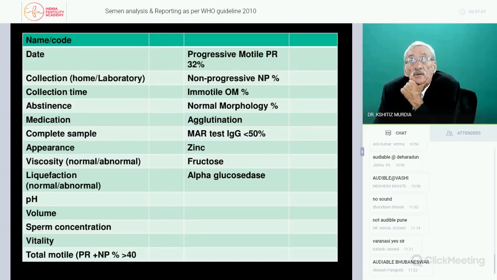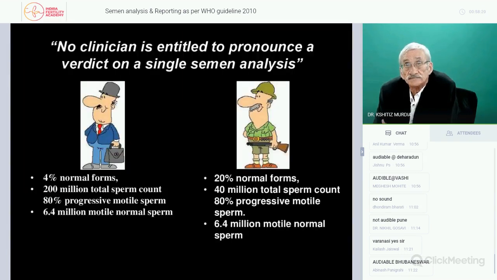It's new, and maybe one should just add a comment about what is important and what is not important. PR ones are the ones that we are interested in, and the immotile ones and the non-progressive ones are not really important for any ART treatment that we can apply.